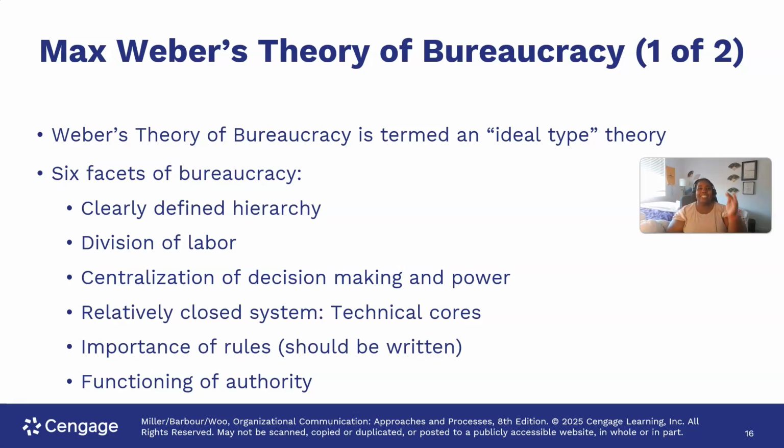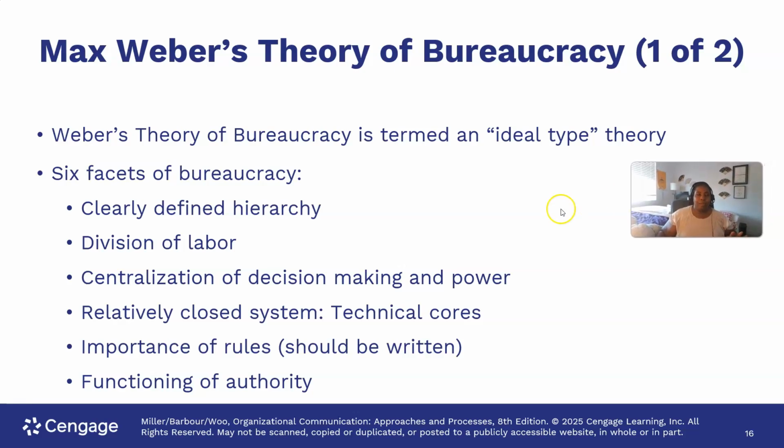So let me take a deeper dive into what bureaucracy is according to Weber, and see if you know of any organizations that follow this structure. So have a clearly defined hierarchy. Hierarchy is very important. You have people at the top, people in the middle, people at the bottom, with a distinct division of labor.